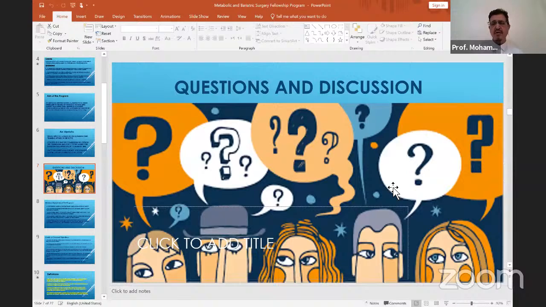The program is rich in clinical exposure, which is 18 months, to make sure that the outcome of this program will be ideal. The other 6 months are divided between research, endoscopy, and radiology rotations. So that's why it's really 2 years.